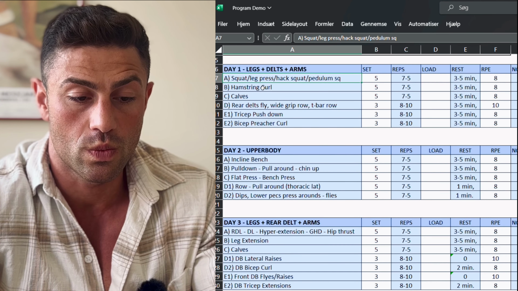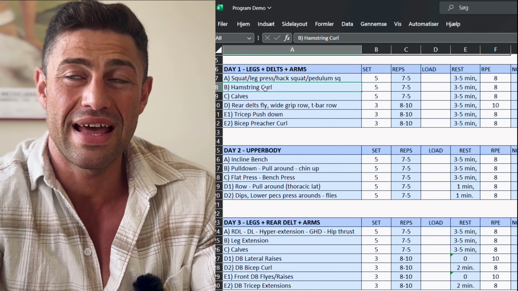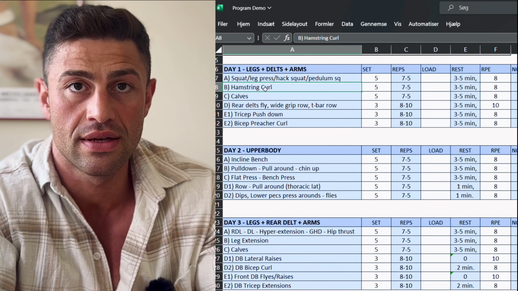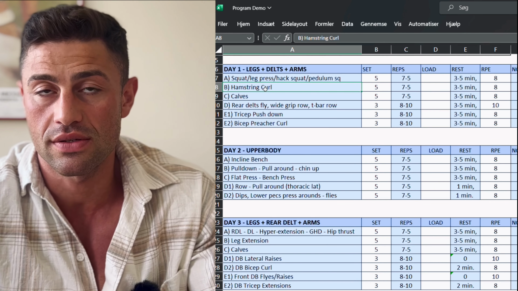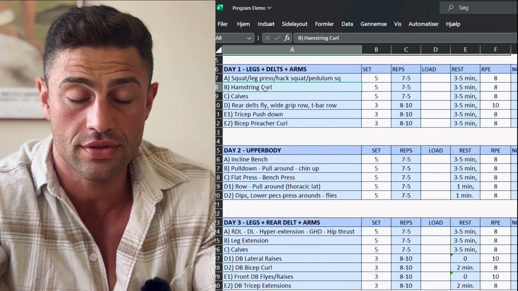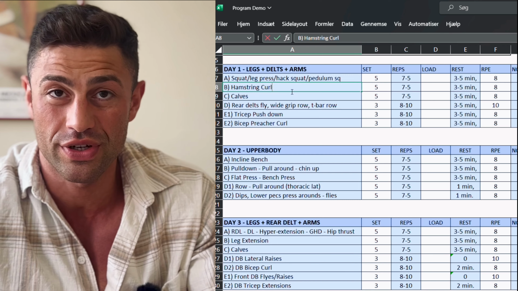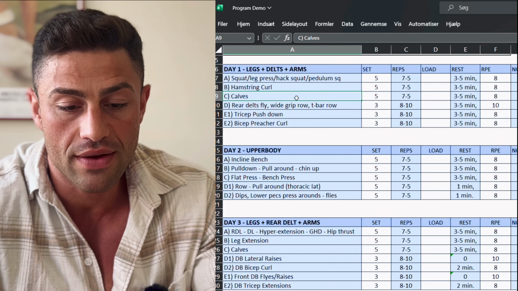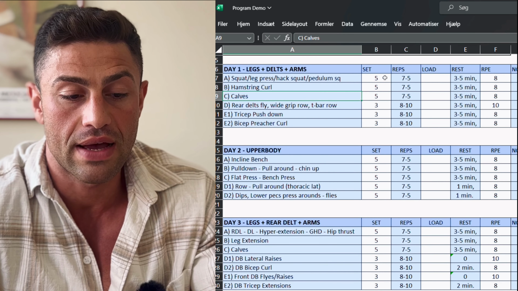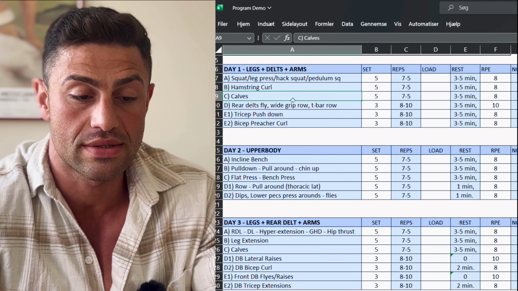After the squat, we're going to go to a less demanding exercise that's going to train the antagonist muscles, which is hamstrings. We're going to do some hamstring curl, also because we're going to be training the biceps femoris. 5 sets, 7 to 5 reps, and after that we're going to do calves.